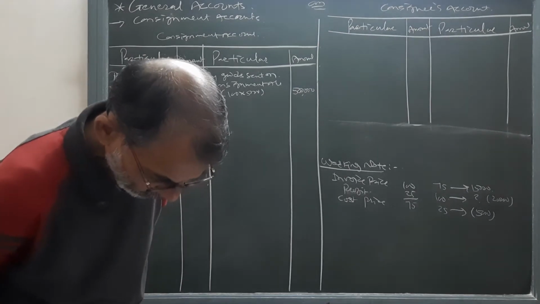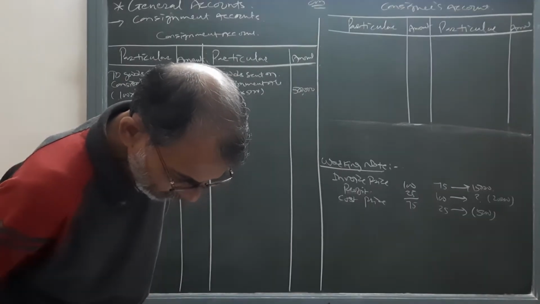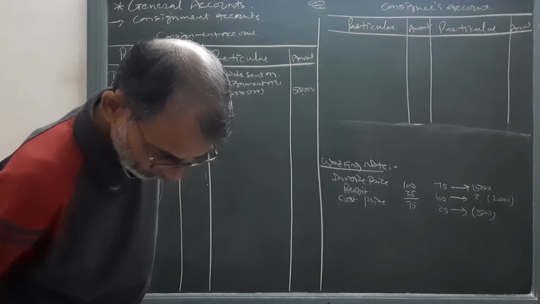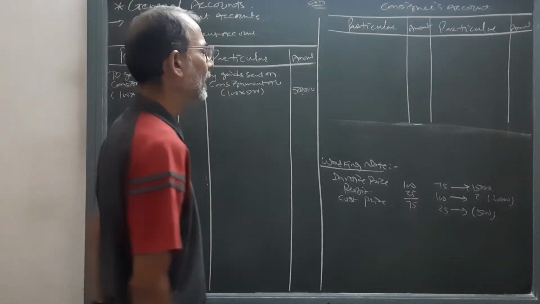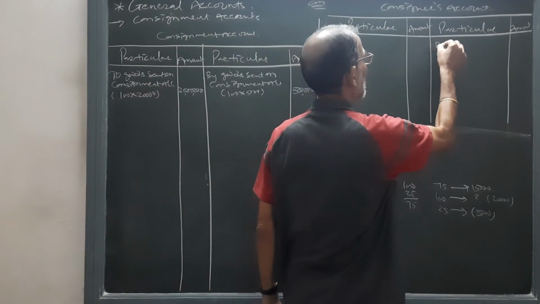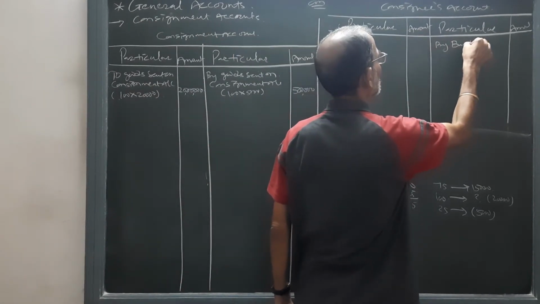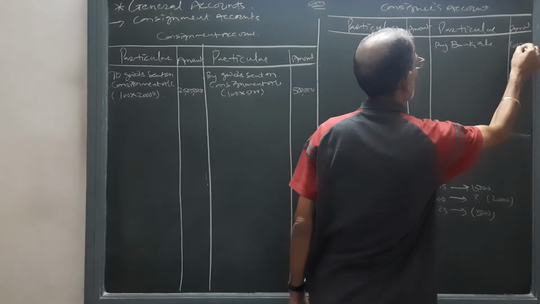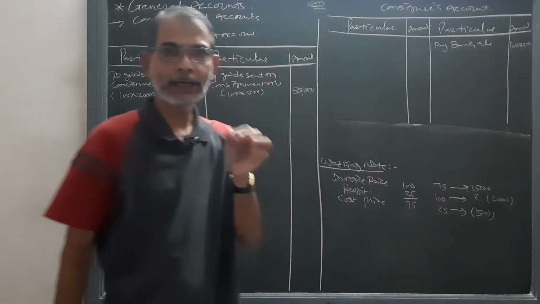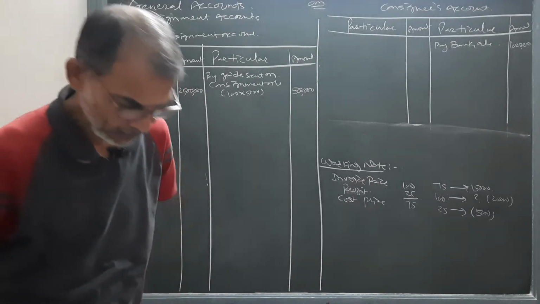Then after consignee had given a draft for rupees 1 lakh by bank account, it will be written on the credit side of the consignee's account.